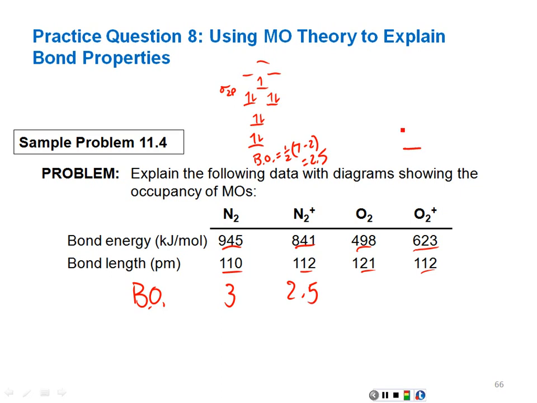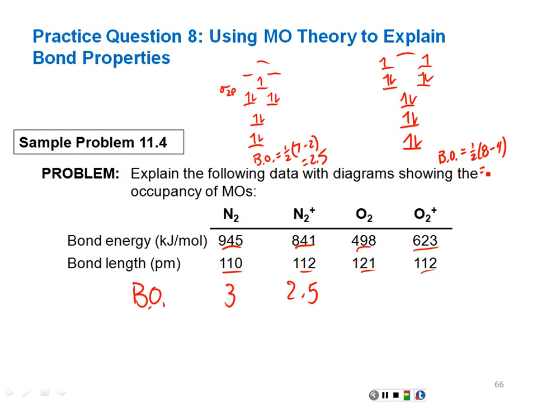Now let's write the diagram for oxygen. And note that the pattern changes. So oxygen each has 6 valence electrons. We need a total of 12. 1, 2, 3, 4, 5, 6, 7, 8, 9, 10, 11, 12. Okay. The bond order for O2 becomes 1/2 of 8 minus 1, 2, 3, 4.